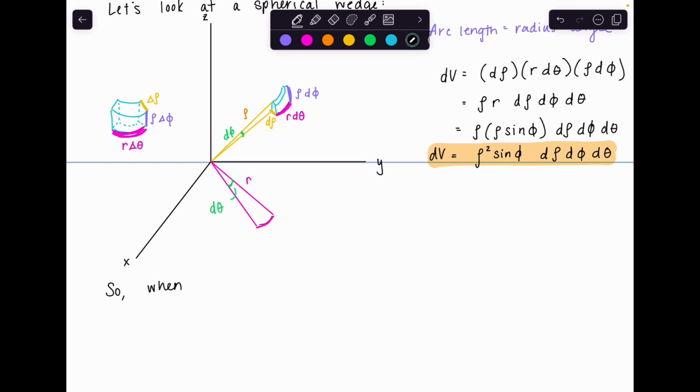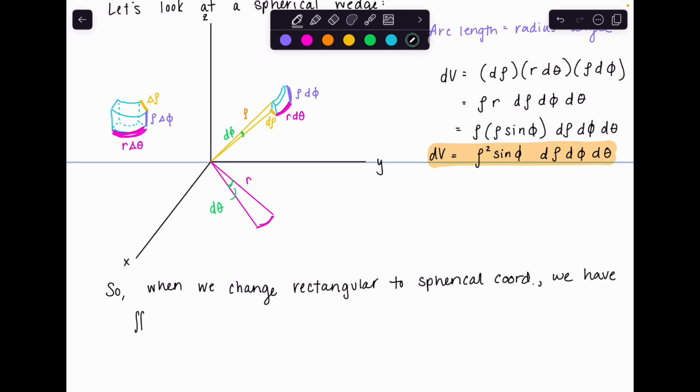So when we change rectangular to spherical, we have the following.